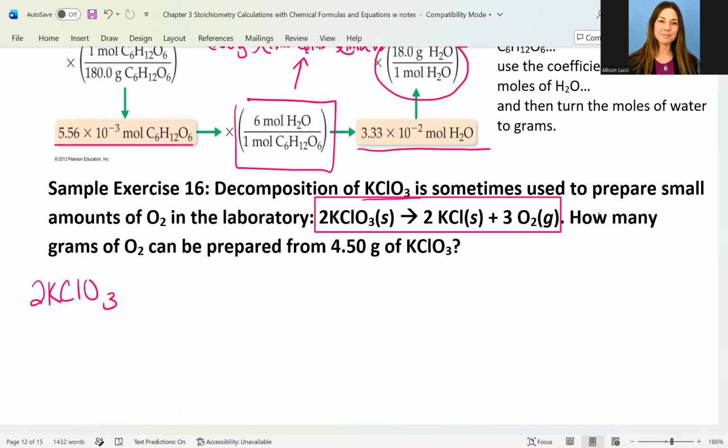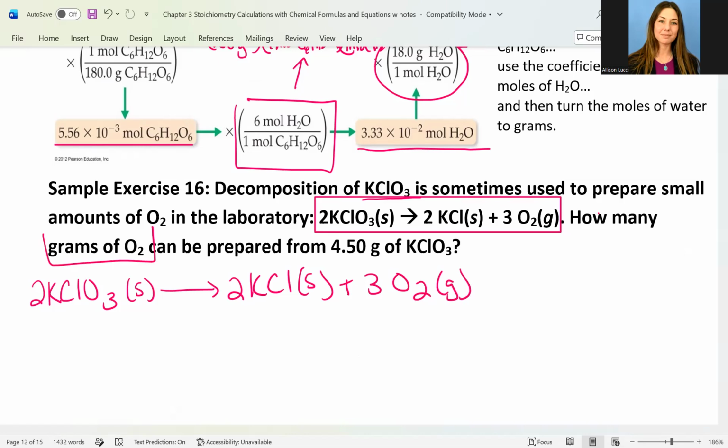So we have 2 moles of potassium chlorate, solid, and say we heat that or we decompose it in some other fashion, that can produce 2 moles of potassium chloride, solid, and 3 moles of O2 gas. So we want to know how many grams of O2 can be prepared from 4.50 grams of potassium chlorate.